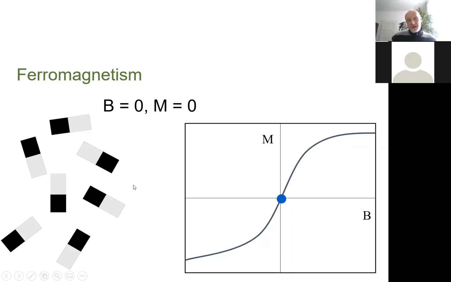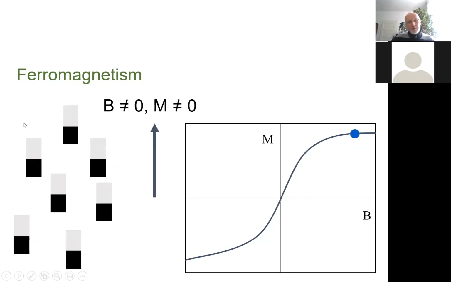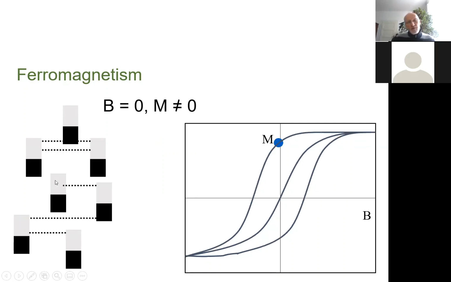Ferromagnetism is similar, but once we magnetize the material, bonds are created among the dipoles, and it keeps its magnetization. So even if we switch off the magnetic field, there will be non-zero magnetization.